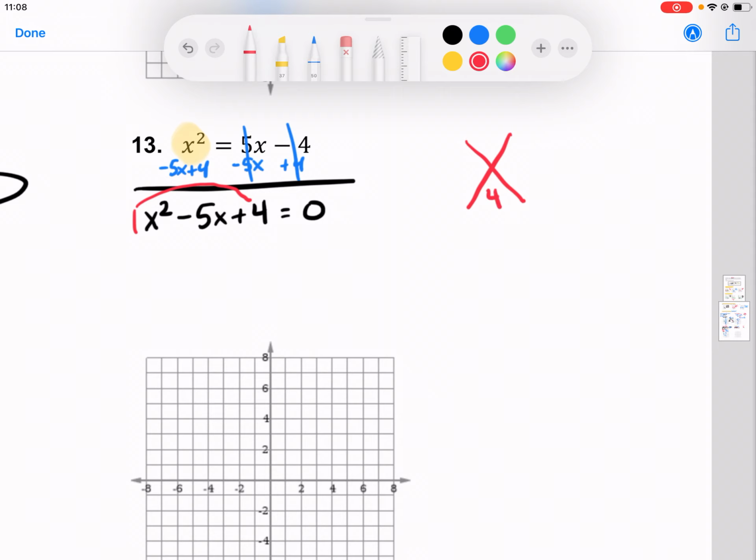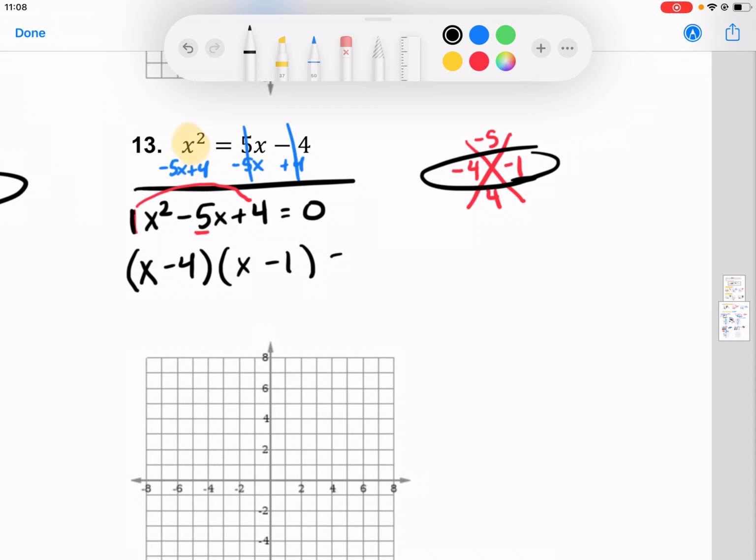That's 4. Put the -5 right here up top. So now we're looking for factors of 4 that add up to -5. So that would be -4 and -1, because -4 times -1 is a positive 4, but -4 plus -1 is a -5. Since we have that 1 in front, we can do our shortcut, and you just do x minus 4, and then x minus 1.